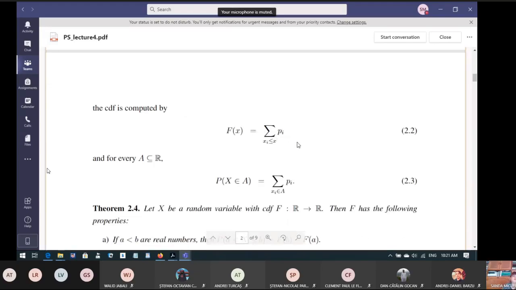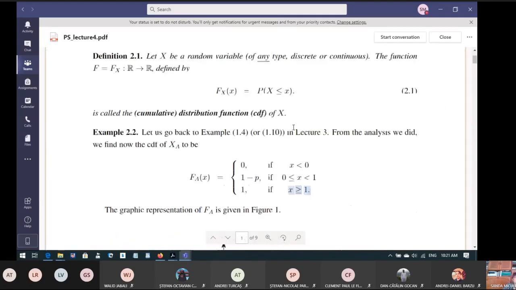So the definition of the CDF is the probability that capital X, the values of capital X, are less than or equal to little x. And little x, remember, is any real number. So no matter what type of values the random variable takes, like discrete values in this case, this little x is any real number.